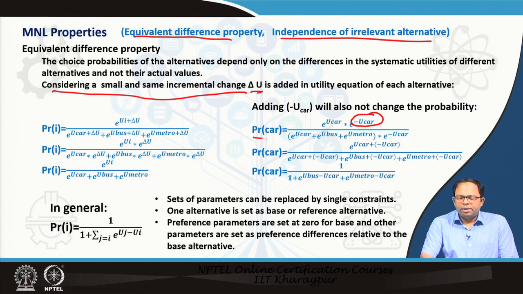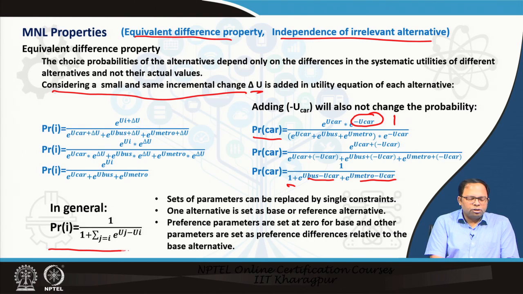When we are determining the probability of car, e to the power u car into e to the power minus u car, that means they will cancel out and become 1, and then this becomes e to the power u car minus u car, again it cancels out and becomes 1, and this becomes e to the power u bus minus u car, and then this becomes metro minus car. So the equation has now changed into a different form.